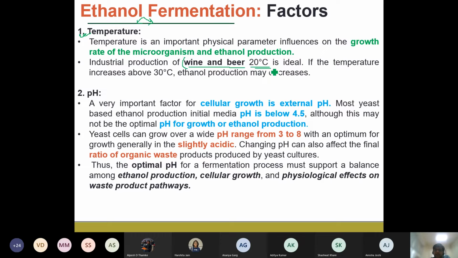If we are going for wine and beer production, the temperature has to be in the 20 degrees Celsius range, and we will look into this in more detail, like how the temperature is going to affect the quality, and also how different types of beverages can be produced by simply varying the temperature at which the fermentation is carried out. We'll look into this in our next class.